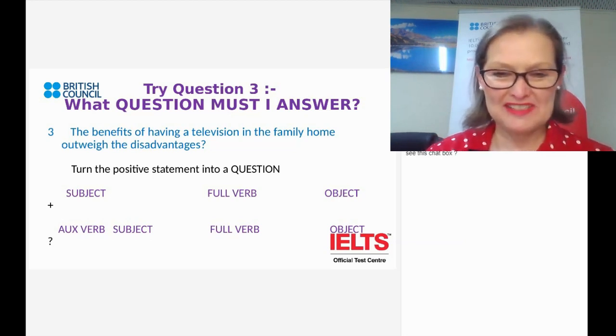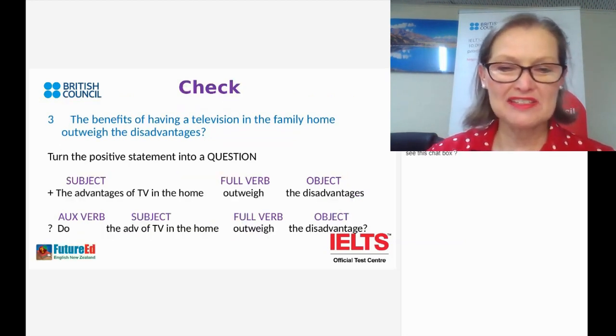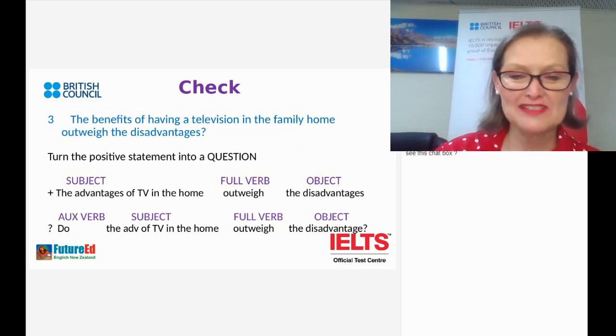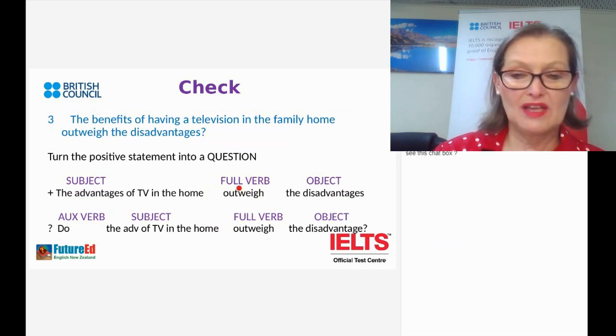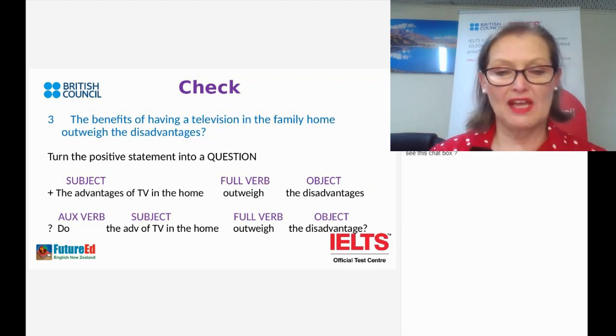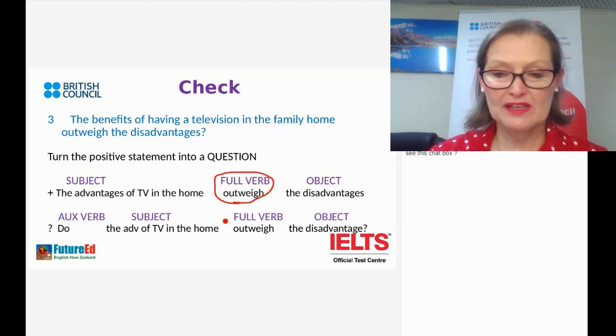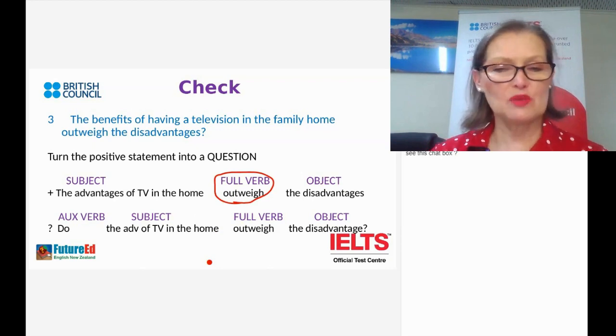And check your answers. Did your sentence look something like this? Did your question look something like this? The advantages of television outweigh the disadvantages. And so my question is going to be, if I go straight to my verb again, outweigh. Outweigh is a doing verb, isn't it?